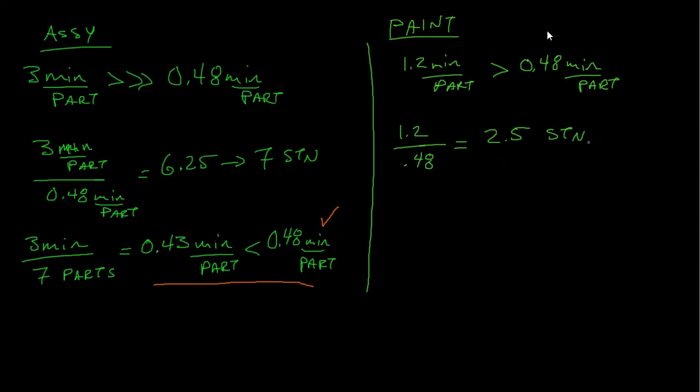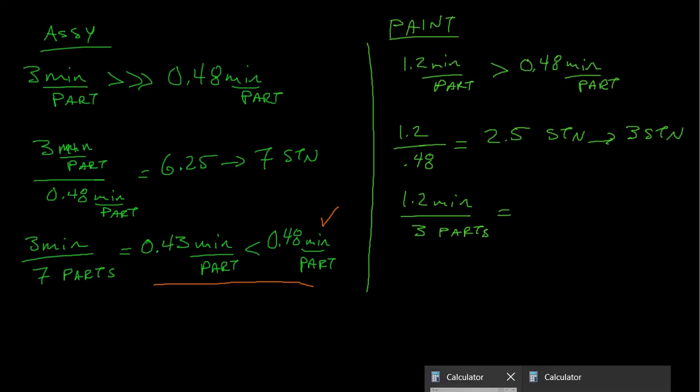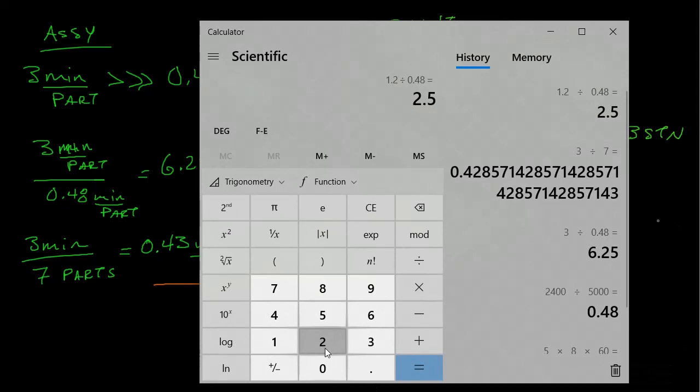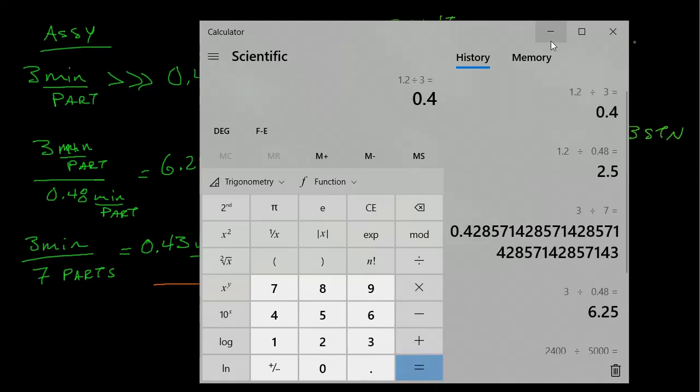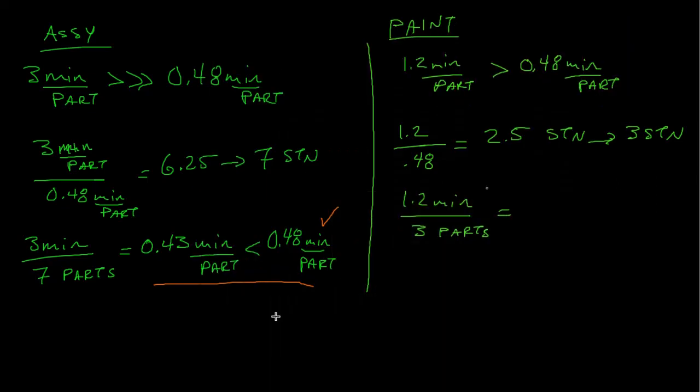Okay, so we'll round that up to 3 stations. Then every 1.2 minutes we end up with 3 parts, so we end up with a throughput rate of 0.4 minutes per part.